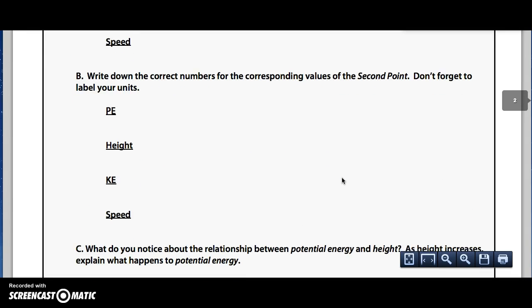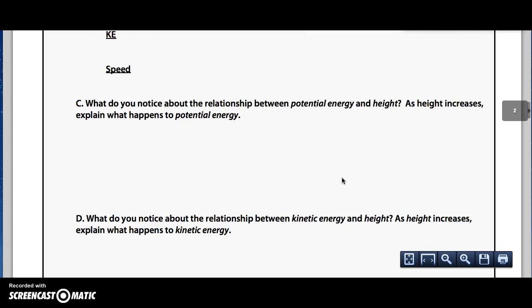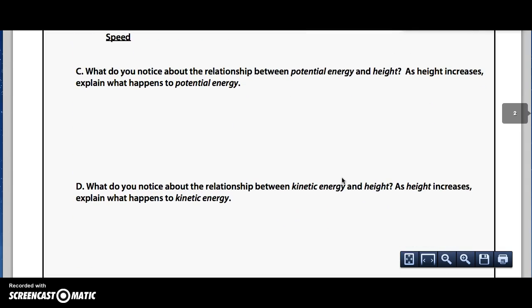Once you have those copied down, you'll be answering questions comparing the numbers, like what do you notice about the relationship between potential energy and height? In other words, as the height gets bigger, what's happening to the potential energy? You can say it's getting bigger too, or it's getting smaller, or whatever relationship you think of.